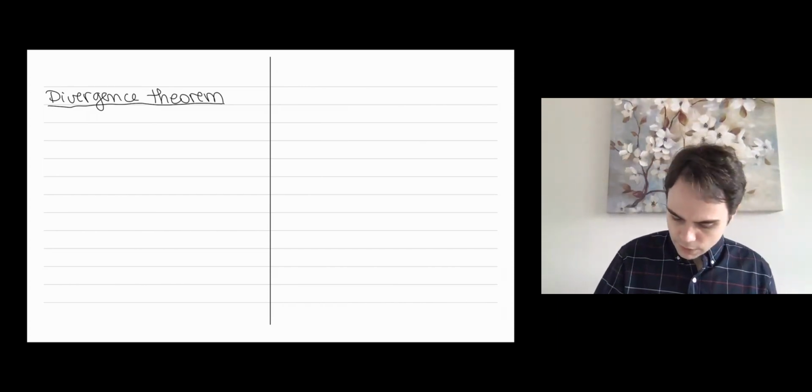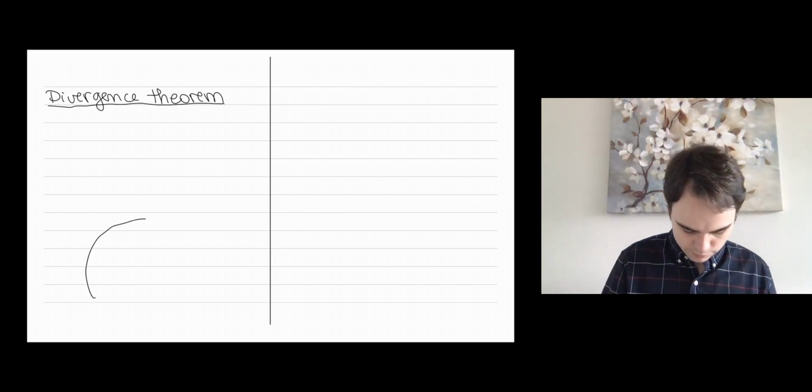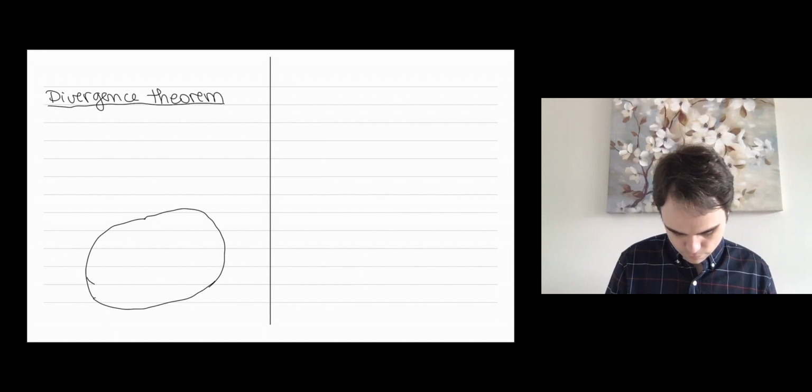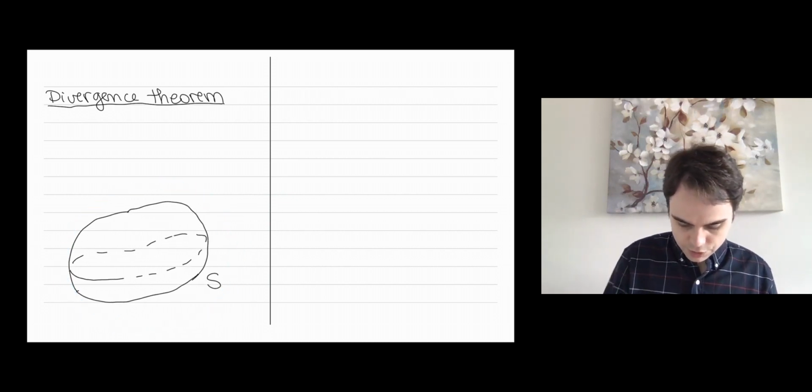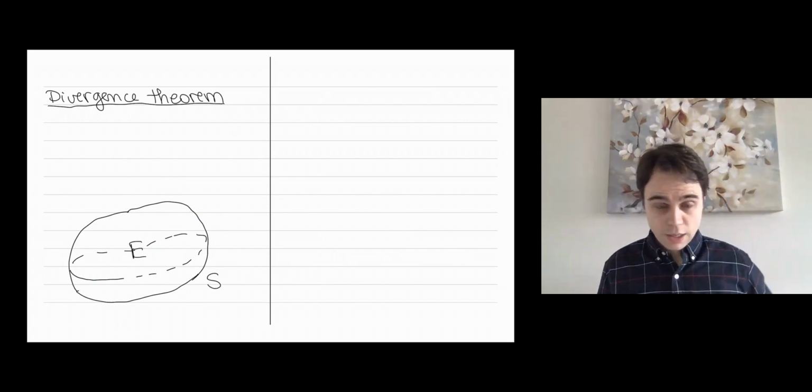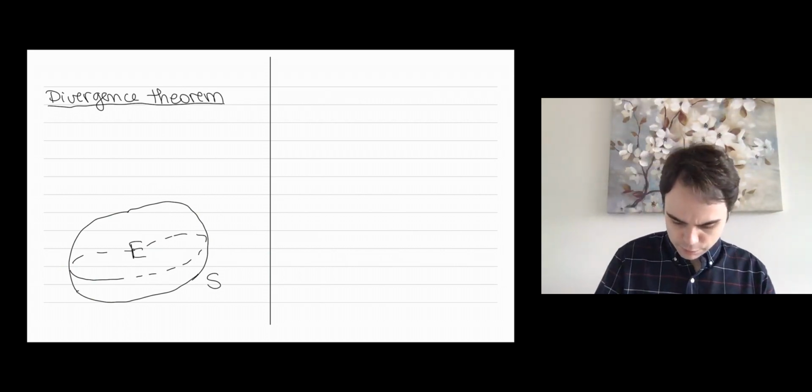So the divergence theorem concerns a closed surface in 3-dimensional space. So that's our surface S. And it also concerns the solid region bound by this surface.